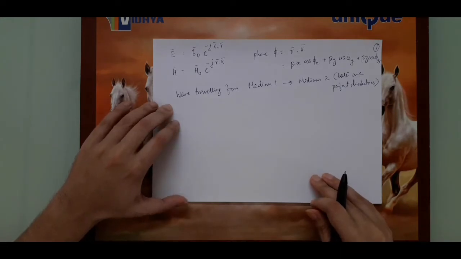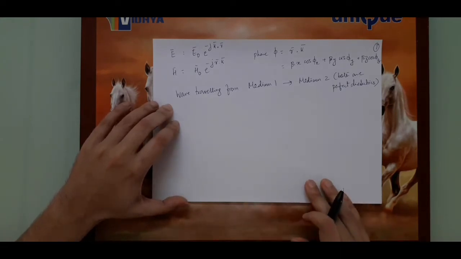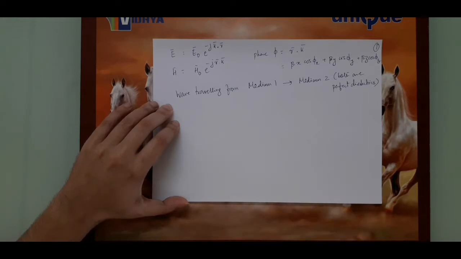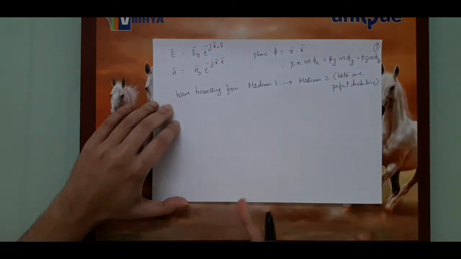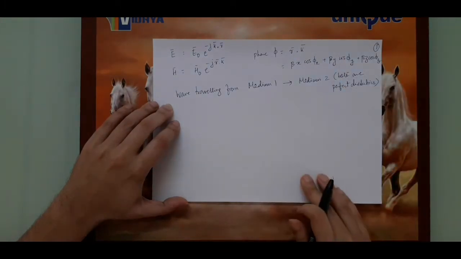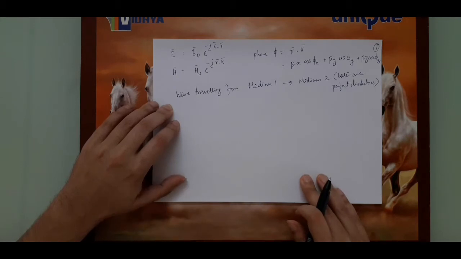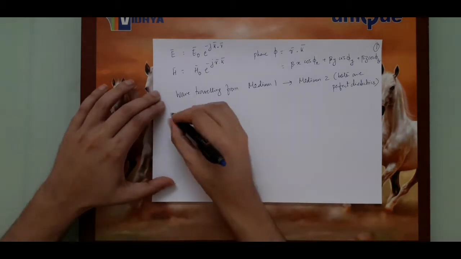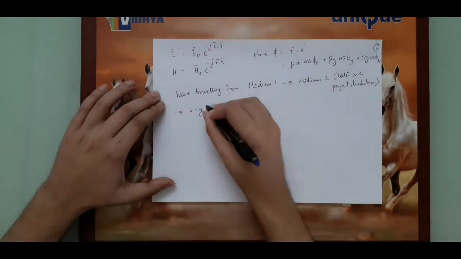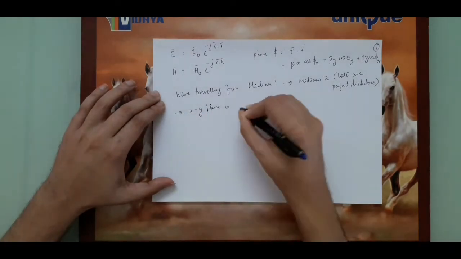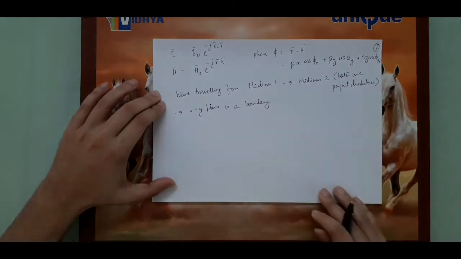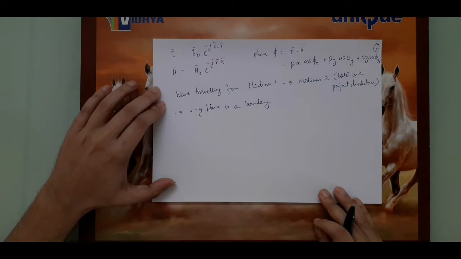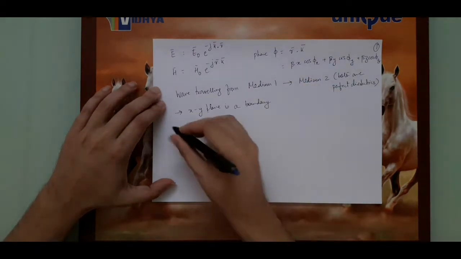So without losing generality, let us denote the xy plane as a media boundary. The xy plane is a boundary between medium 1 and medium 2.